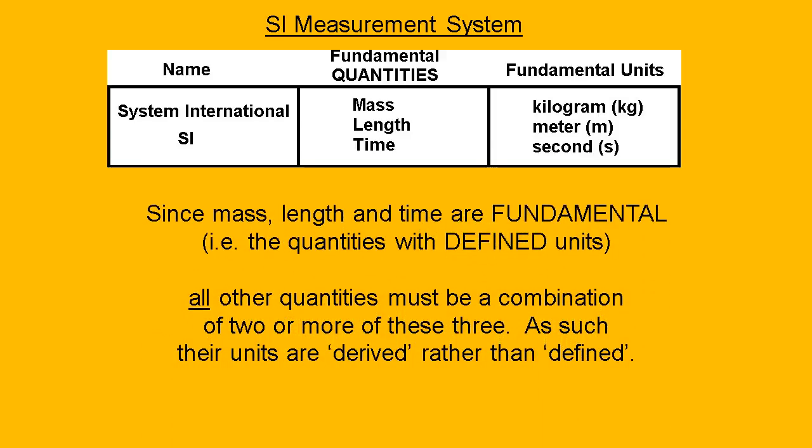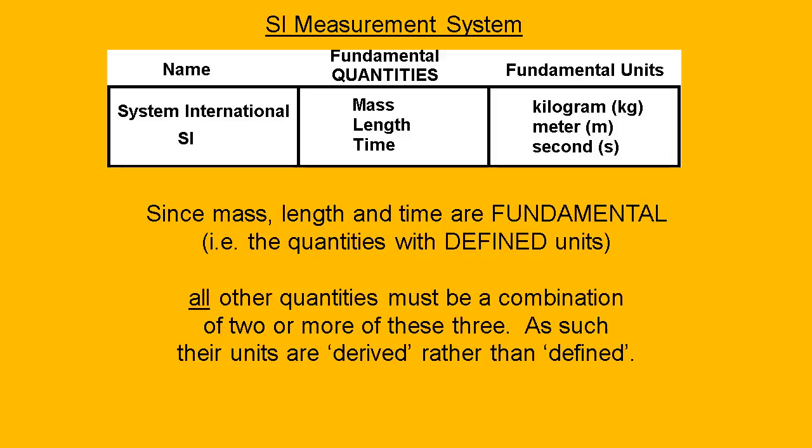Now, since mass, length, and time are fundamental, which means the quantities have defined units, all other quantities must be a combination of two or more of these three fundamental quantities.